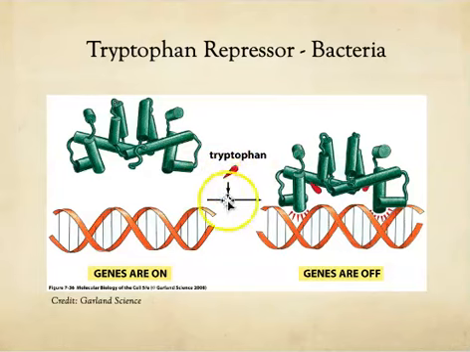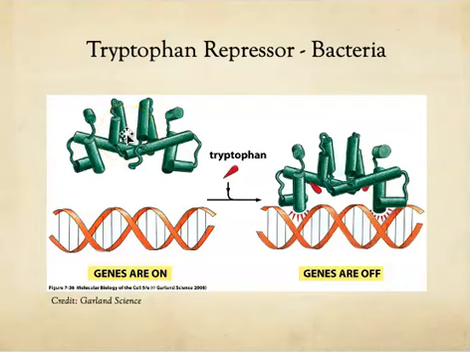So when there's plenty of tryptophan around, the cell does not need to make the enzymes to build tryptophan. That would be a waste of resources and a waste of energy. So at least temporarily, these genes need to be downregulated. And the best way to do that is with this repressor protein.